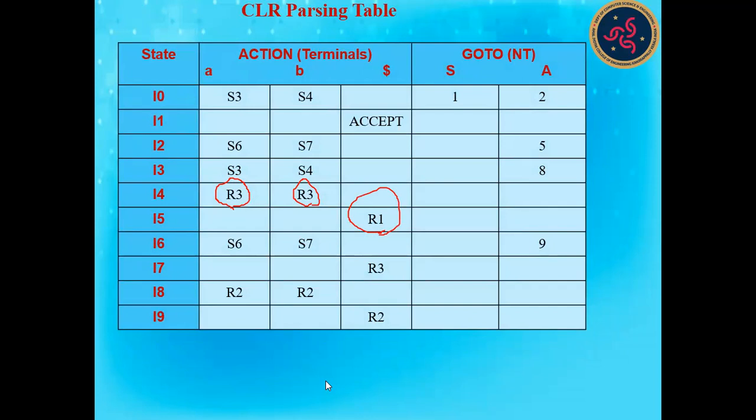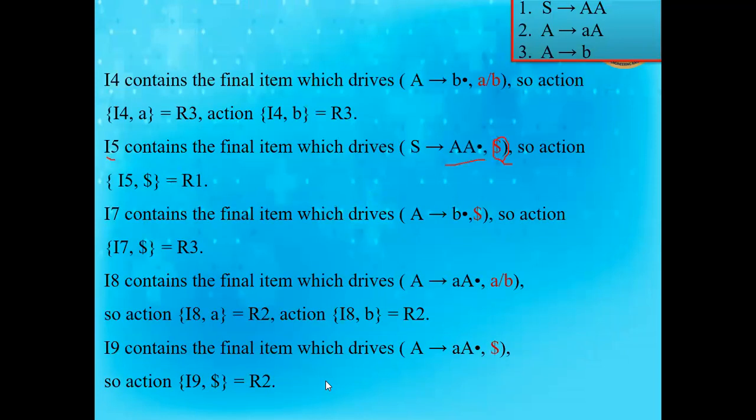Again, when I consider I7, this is the production A gives B dot, that is production number 3. The lookahead symbol is the dollar symbol, so R3 can be placed at the location I7 under the dollar symbol.